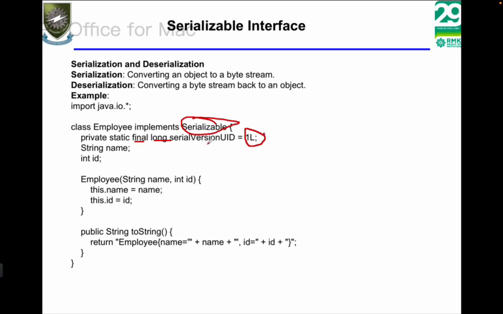Any value I can give, and it should be static and limited to the class, so private access specifier. I'm giving two variables here: one is name, the other one is id. I'm creating a constructor for assigning the values, and I'll have a method called toString, which helps you to display the output while deserializing.